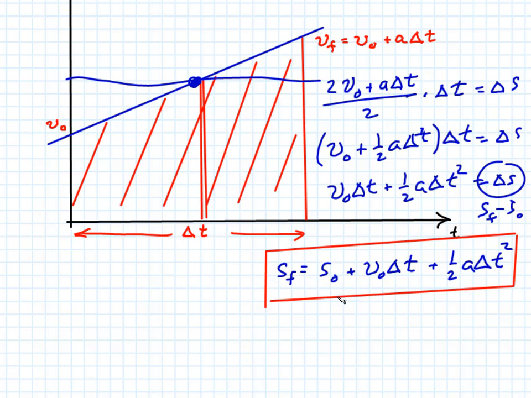So we now have an equation for where we are. We did this in 2 steps. In the first case, from the constant acceleration, we found what the velocity is at any time. And from the velocity graph, we found what the position is at any time.